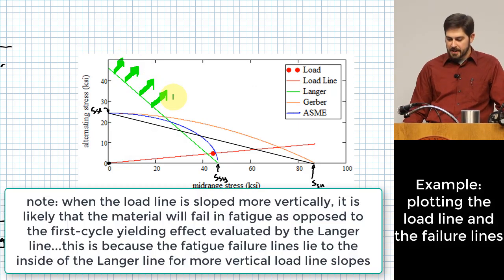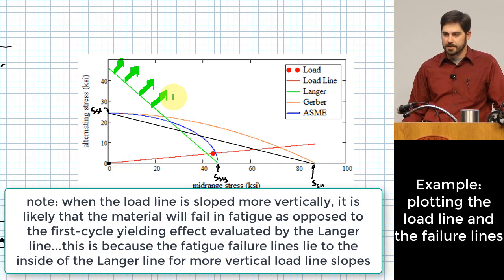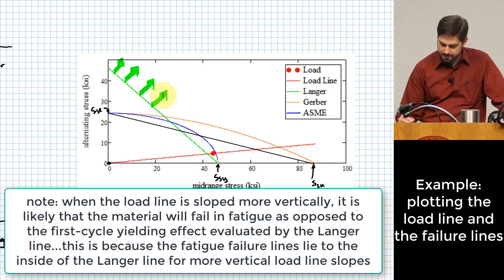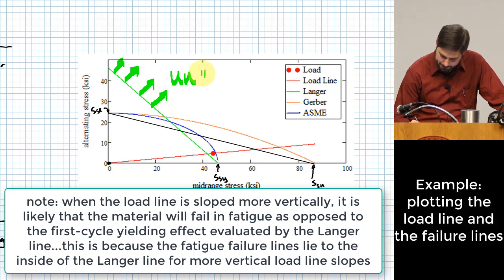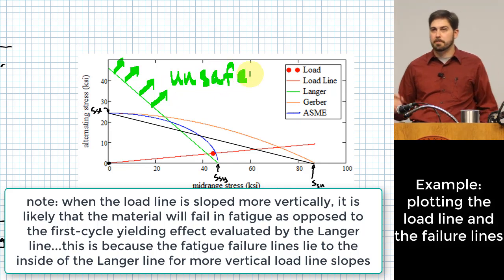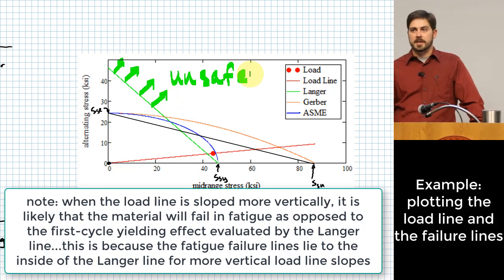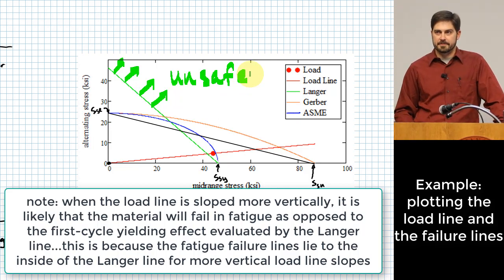You have factors of safety lower than 1 for your Langer criteria, which is the first cycle yielding criteria, if you're on that side of the line, right? So we can't trust the ASME. The point here is that ASME doesn't do a perfect job of predicting whether you will have first cycle yielding. Okay? Now, is it any good at all?